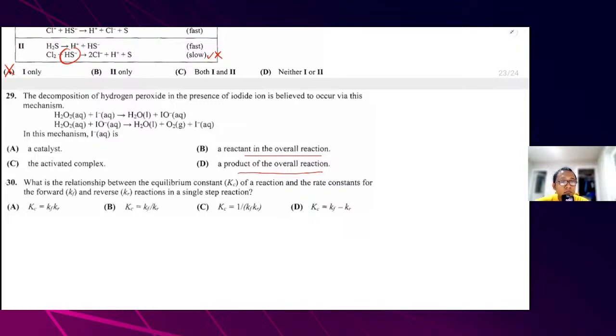This looks like only kind of a catalyst, right? If we put it together, we can see.